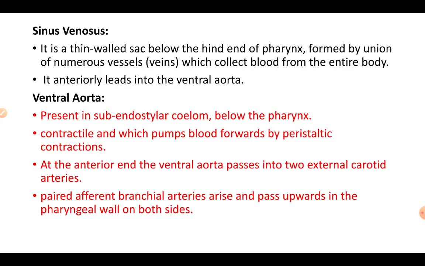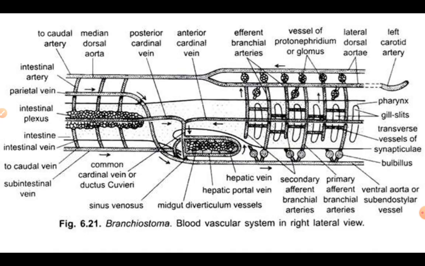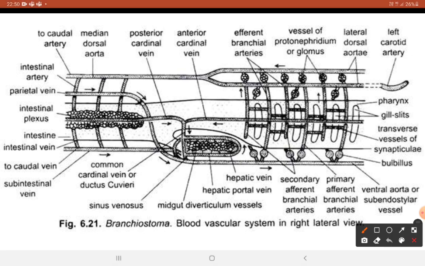So at the base of the gill bar, each branchial artery forms a pulsatile tiny bulb called bulbulus. Now if you look at this picture, here is the sinus venosus, this marked region. So this receives blood from all different parts of the body.